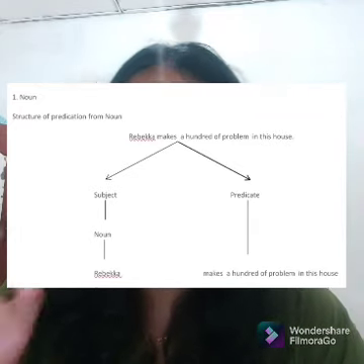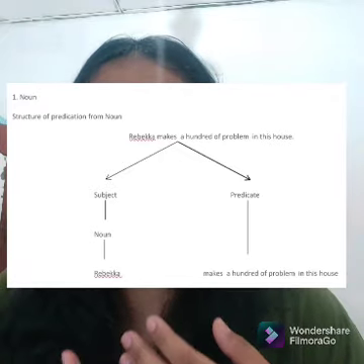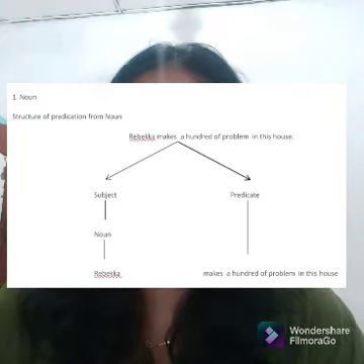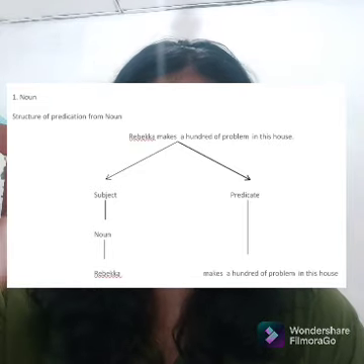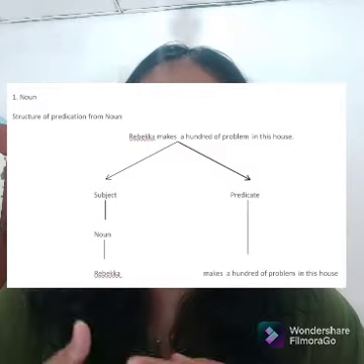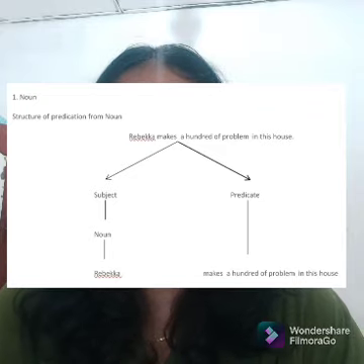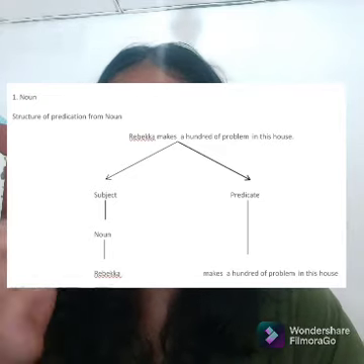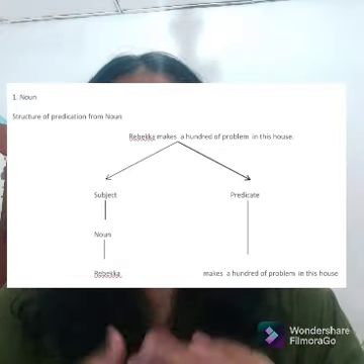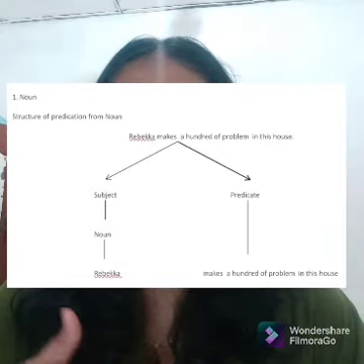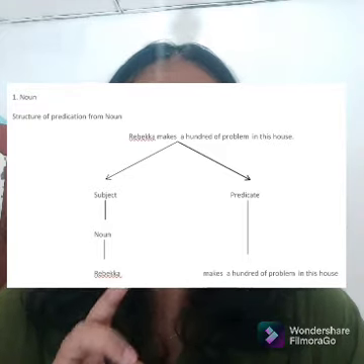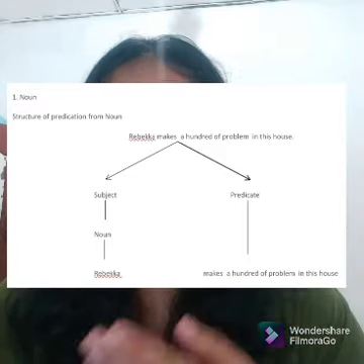Because we focus on the noun, we can easily understand it. Rebekka is a noun, and "makes 100 problems in this house" is a predicate. We're just gonna identify the noun in the sentence, which is Rebekka.